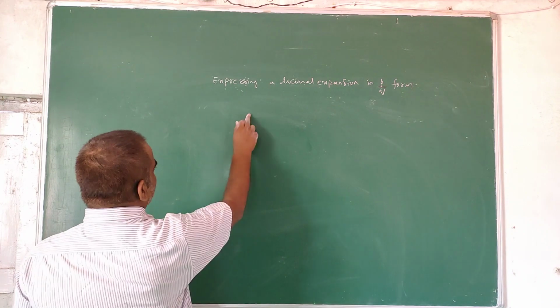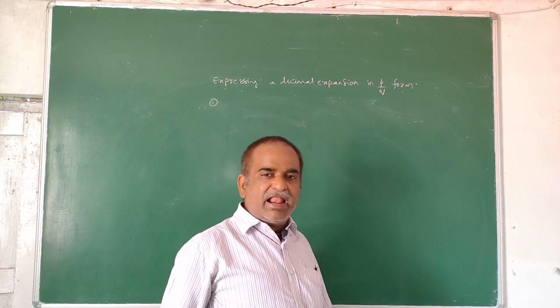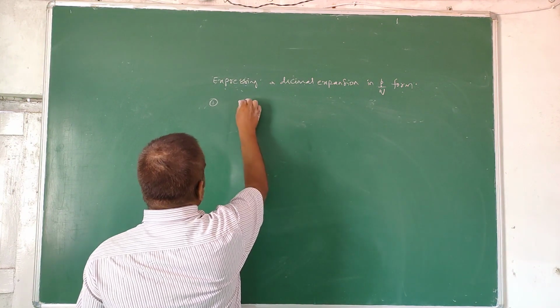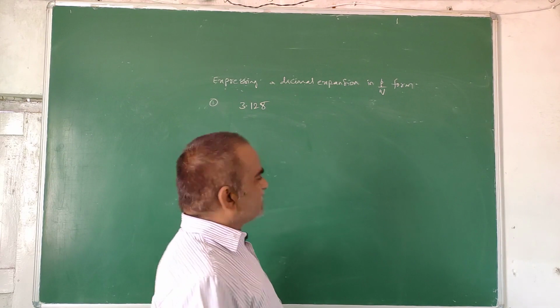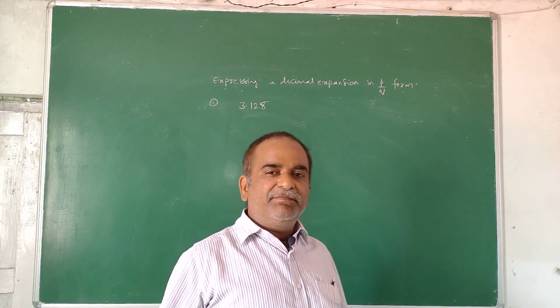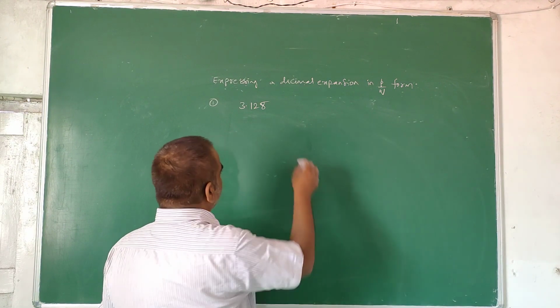See, let us begin our example with a terminating decimal. Suppose you have 3.128. This is a decimal expansion of a rational number. We need to express this in P by Q form.